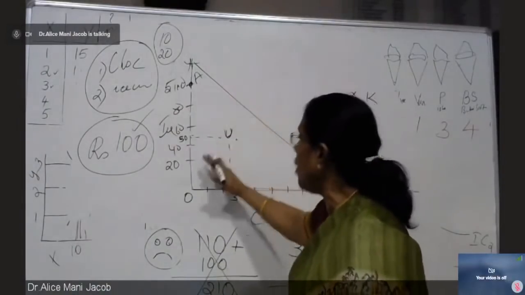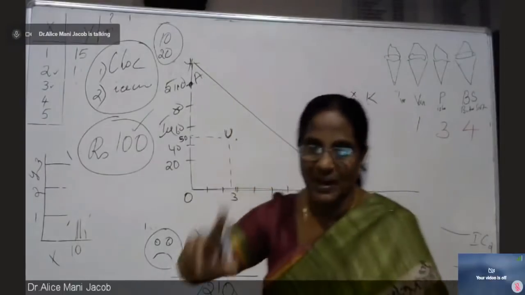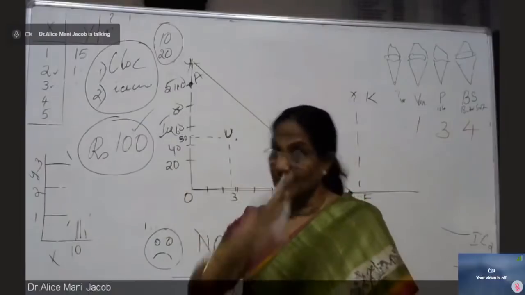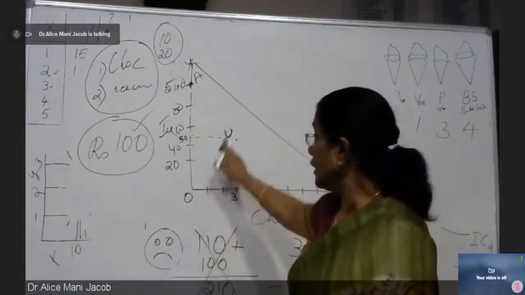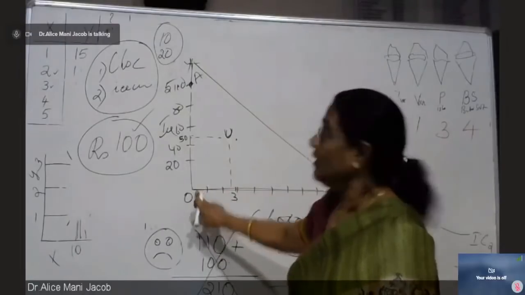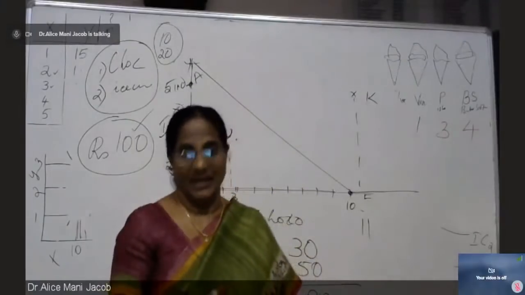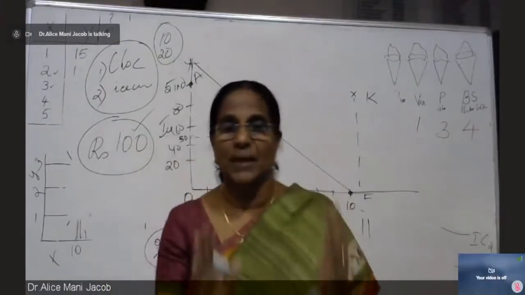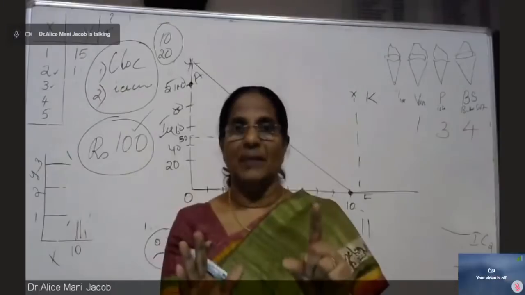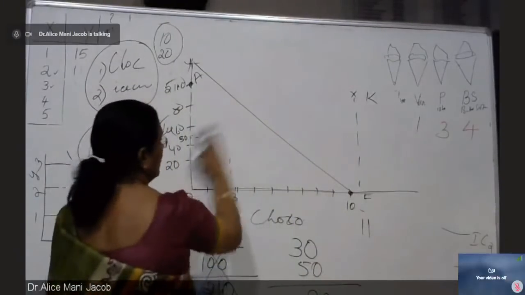For all the points inside the budget line, your expenditure is less than your income. That means you have saving. The closer you are to zero, the lower your expenditure. The nearer you are to the budget line, the larger your expenditure. The moment you are on the budget line, you are spending your entire income on combinations of chocolate and ice cream.